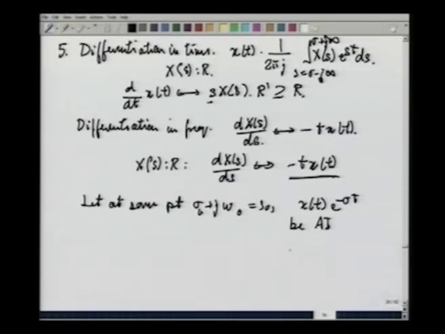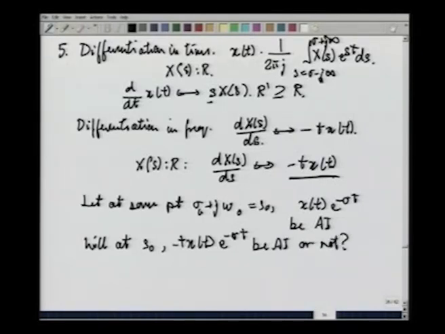Then we have to ask if at that same point s naught, t x(t), or if you like minus t x(t), times e to the minus sigma t will also be absolutely integrable or not. That is what we have to ask, and the answer is very straightforward.